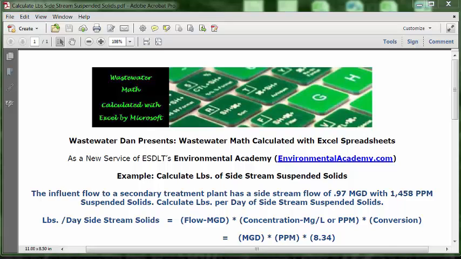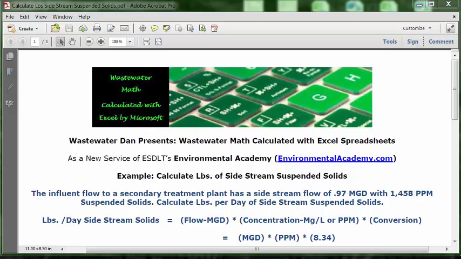And the next element is concentration, which is ppm. And ppm is used interchangeably with mg/L, which means milligrams per liter. ppm is parts per million.